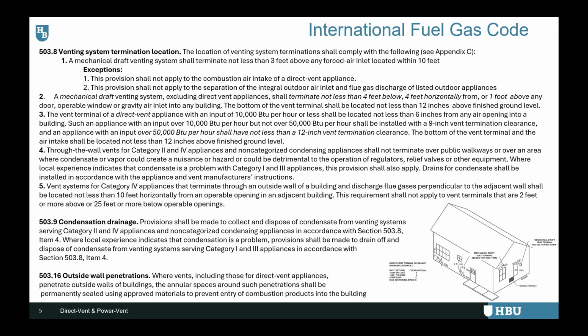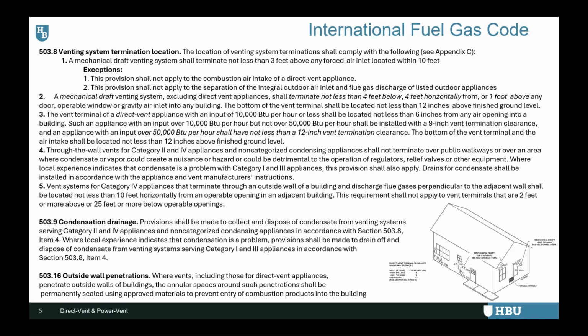However, this 10-foot rule doesn't apply if the terminal is 2 feet or more above or 25 feet or more below those openings in the adjacent building. Vertical separation can be just as effective.